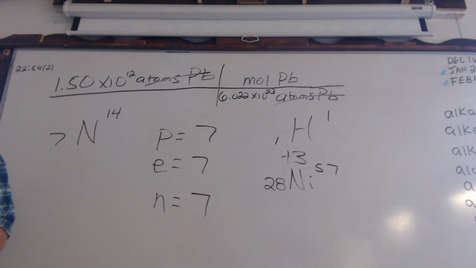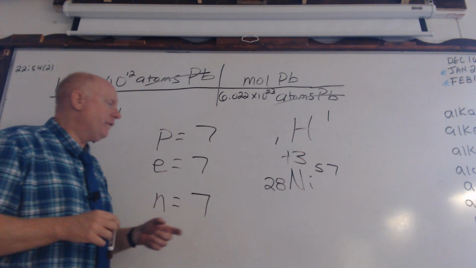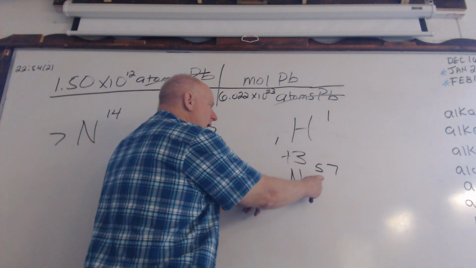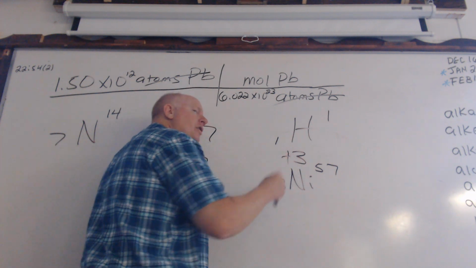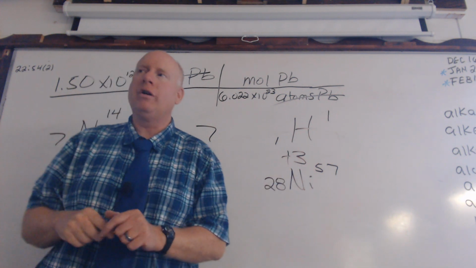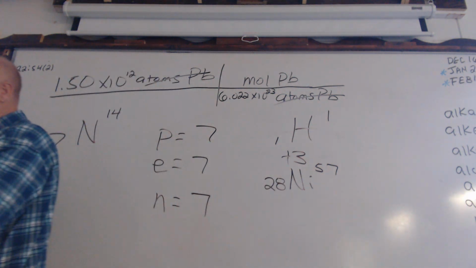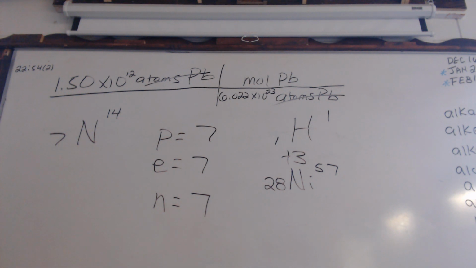If it's neutral, it would be 29. But if it's a +3 charge, does that mean it has 3 more electrons or 3 less electrons? Less. So it's got 28.